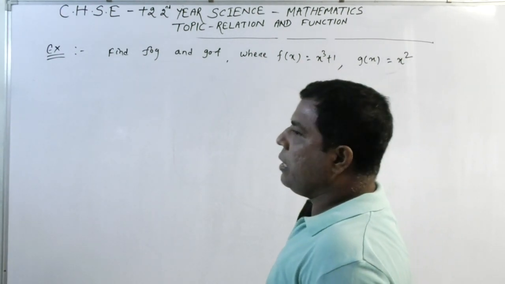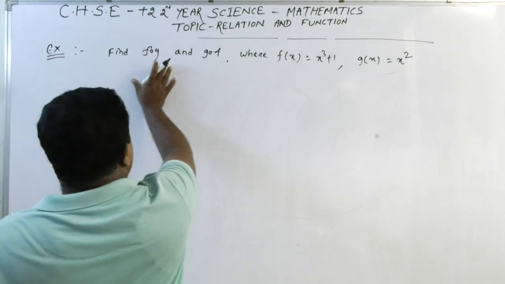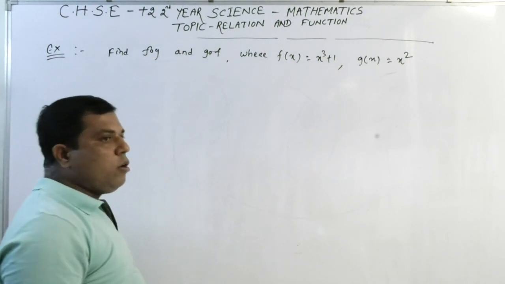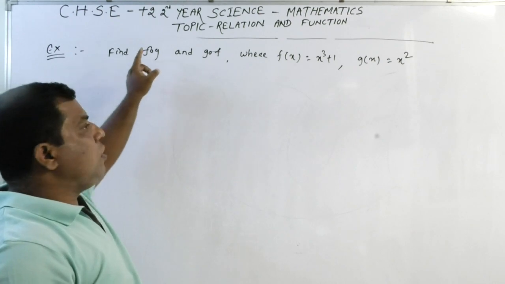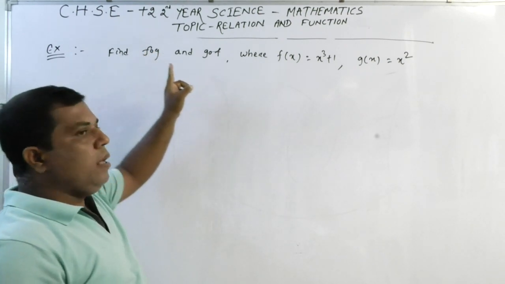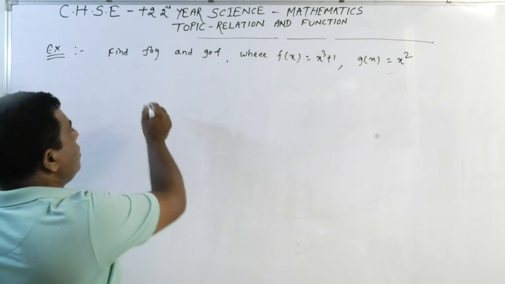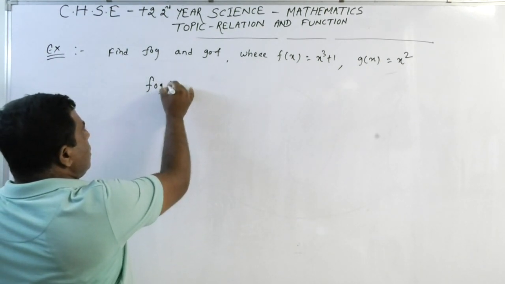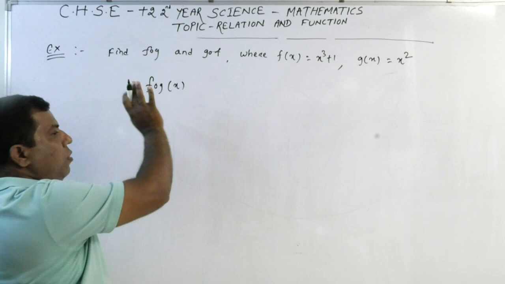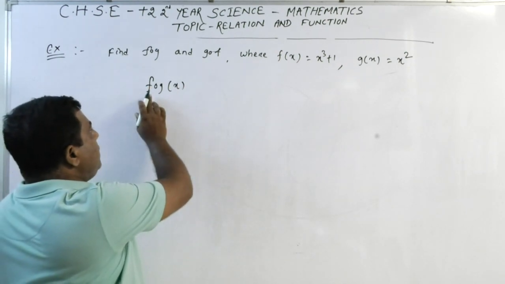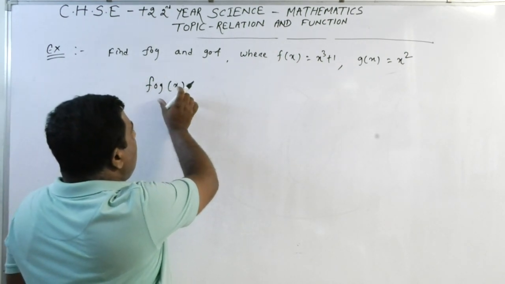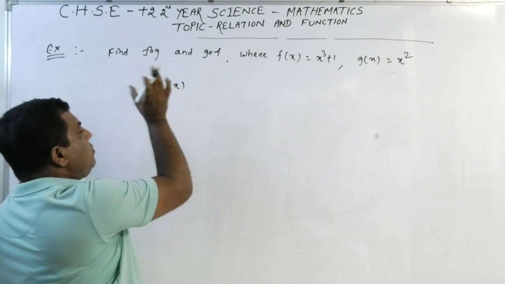Suppose this is one example. So we have to find f o g and g o f. So f o g means the composition of f with g. We will go first with f o g. It is a composition of f on g. So f is operating on the functional value of g.